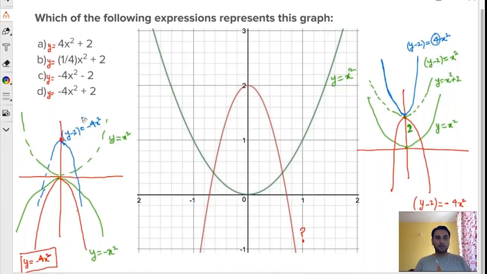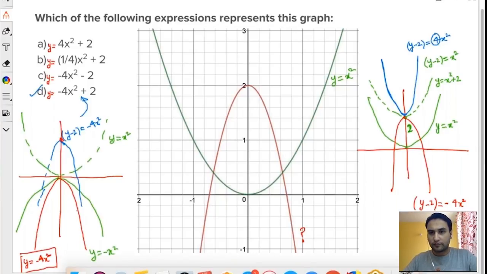Got it? So which gives me this option D. Got it? Any doubt? Okay, why 4? Because in options I am seeing 4. Clear hai sabko?